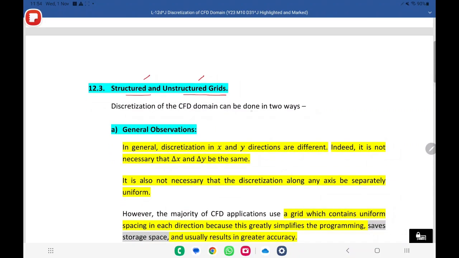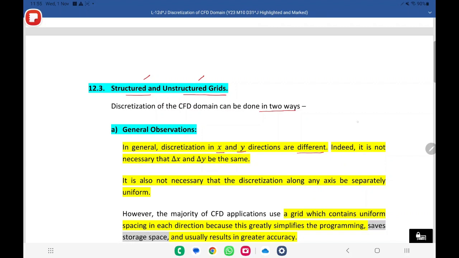This discretization can be done in two ways. In general, discretization in x and y directions are different. It is not necessary that the gaps between cells or the size of the cell in both directions be the same. X direction could be anything and y direction can be anything.